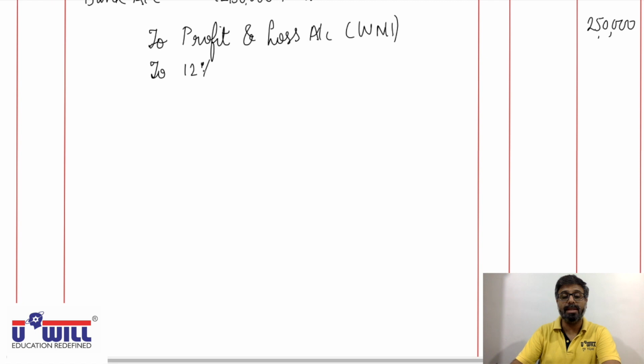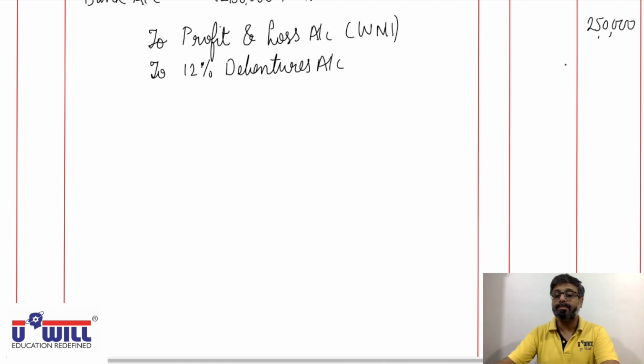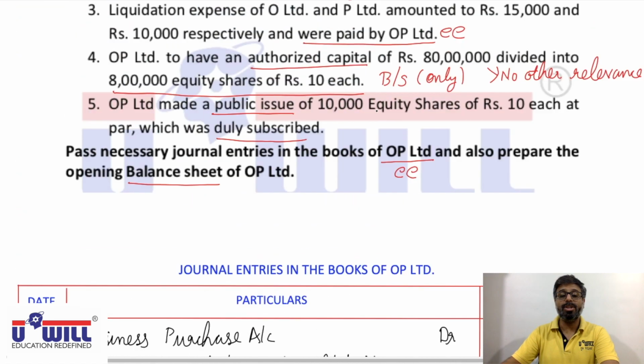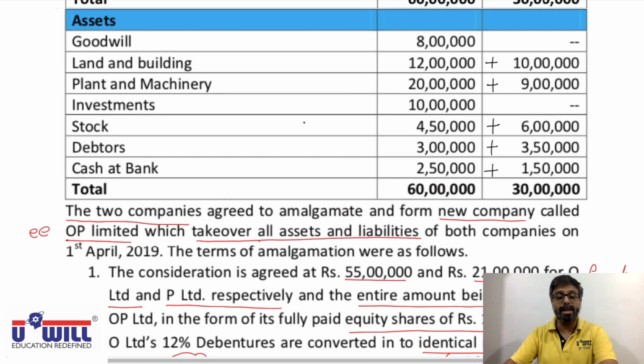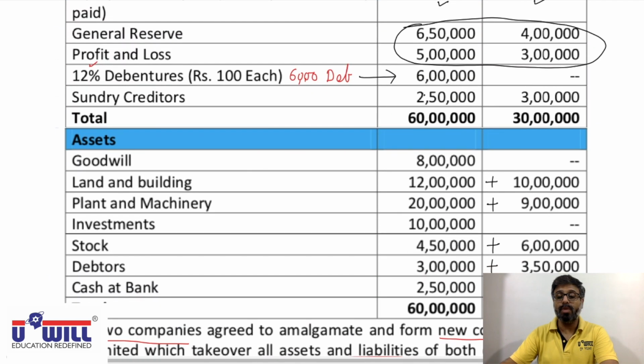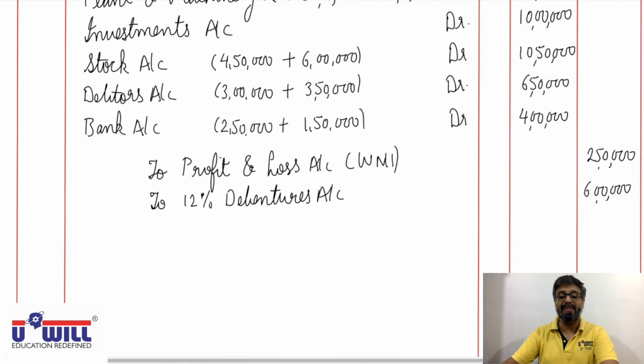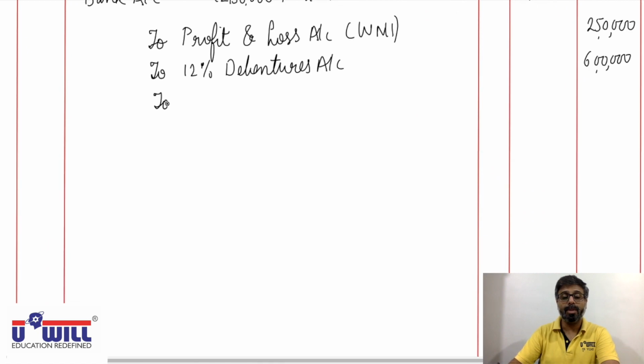Then to creditors account, we have 2,50,000 plus 3 lakhs, 5,50,000.